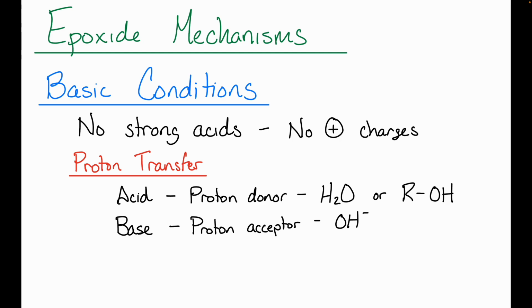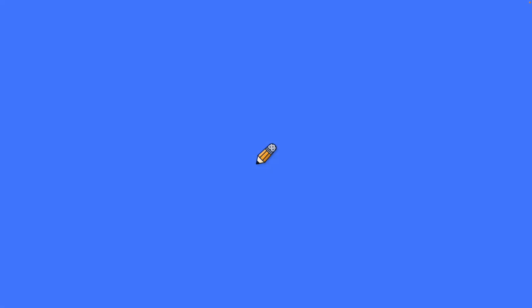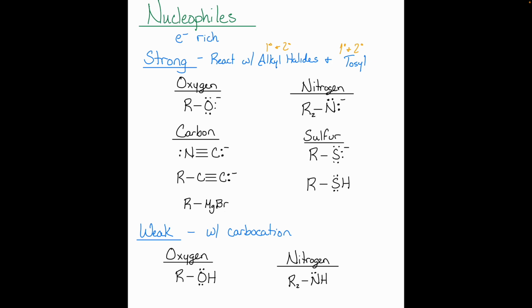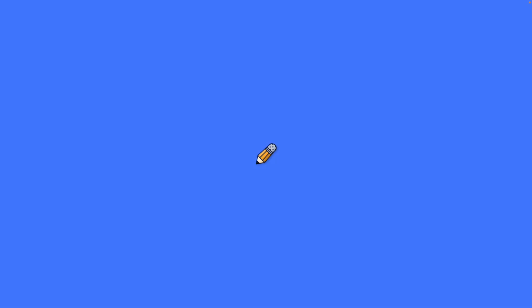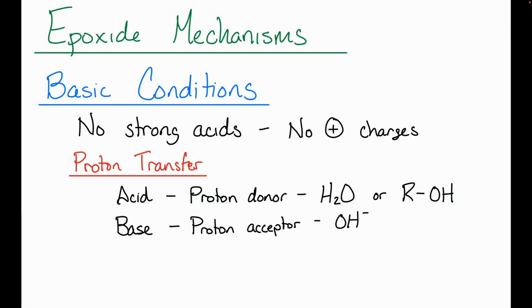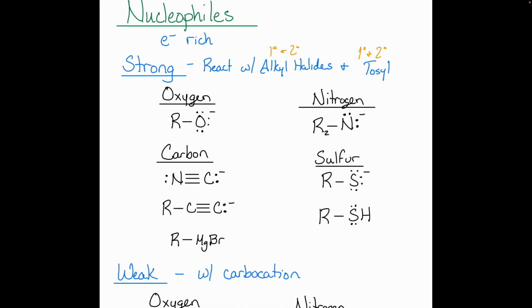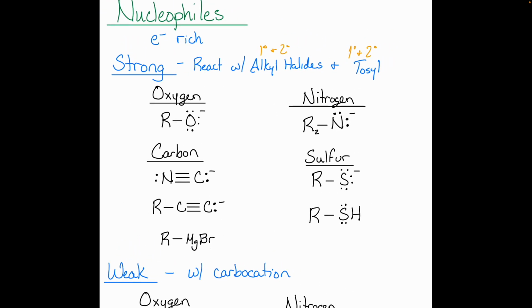All right, so let's look at our list of nucleophiles here. I'm just going to copy this over and see which of these are electron-rich species in our reactions. We're not talking about alcohols anymore, so I'm going to get rid of this.